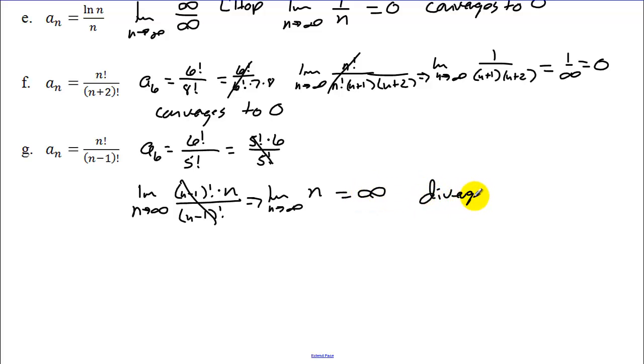This would be n minus 1 factorial times the nth term, because remember n would be 6 in this case, all over n minus 1 factorial. If n was 6, we'd have 5 factorial down here. So these are going to cancel out, and we're left with the limit as n approaches infinity of just n, which is infinity. So this one diverges to infinity.